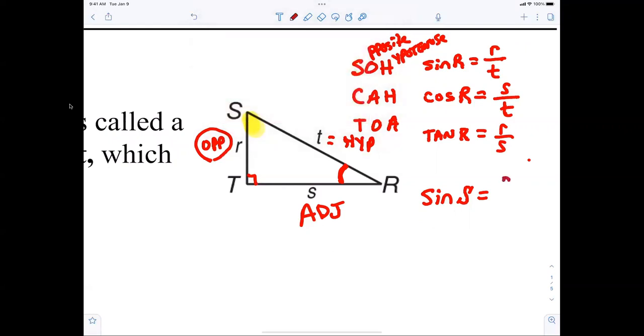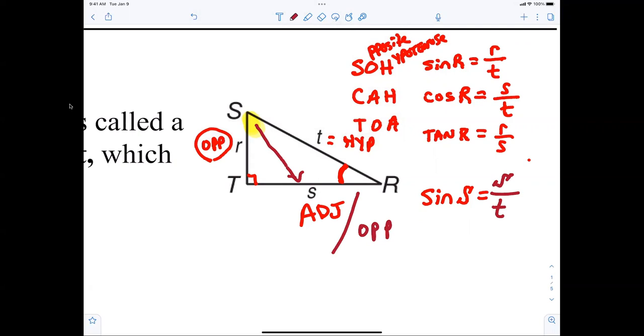They say it's confusing because the opposite and the adjacent depend upon what angle you're referring to. Is everybody with me on that? The opposite side to angle S is S. So the adjacent could be considered the adjacent or the opposite, depending upon what angle you're looking from.